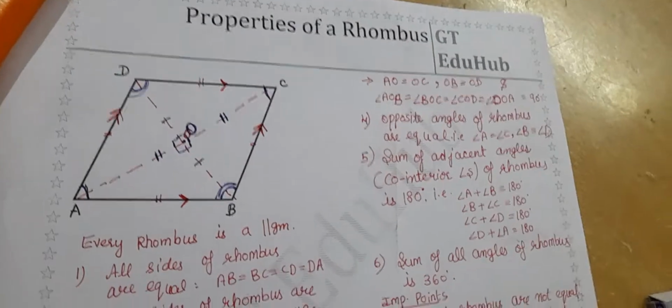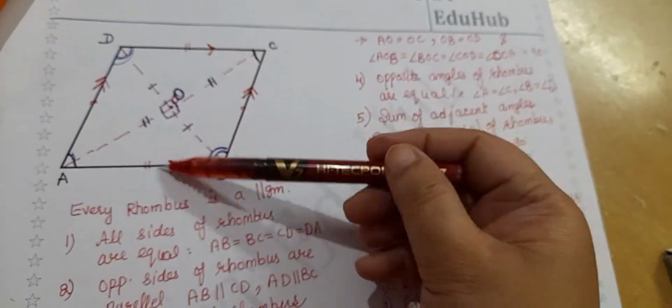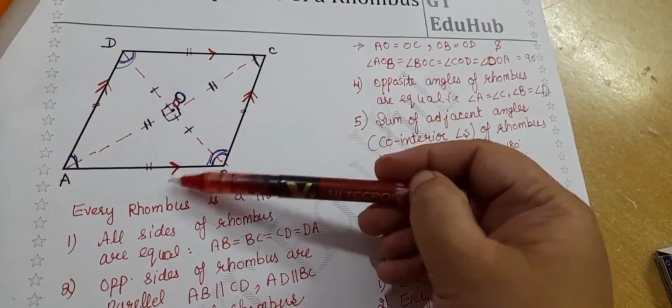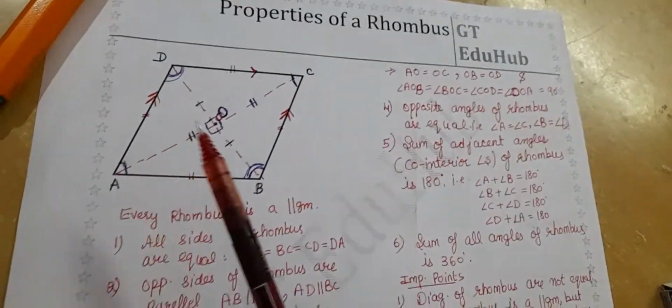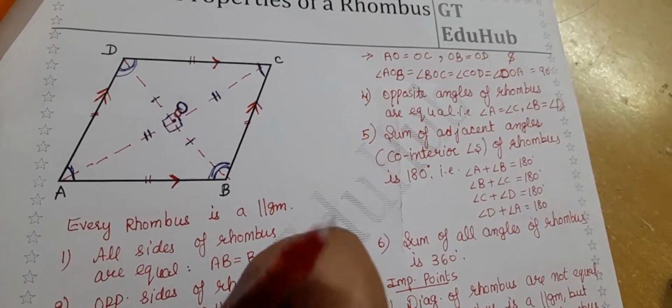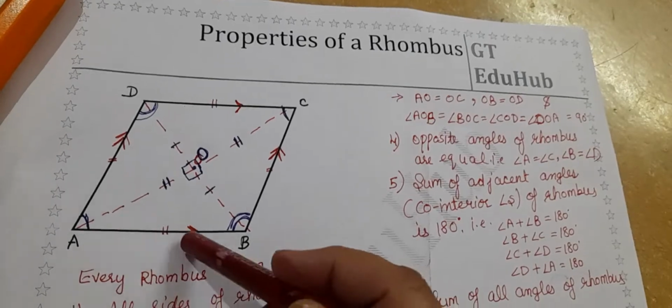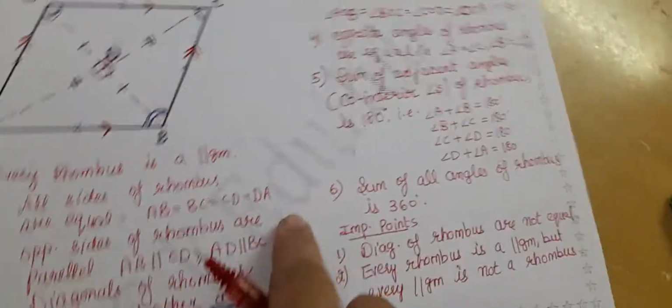Students, in parallelogram, opposite pair of sides are equal and parallel. In rhombus also, opposite sides are parallel and equal. So every rhombus is a parallelogram, but every parallelogram is not a rhombus because in rhombus all 4 sides are equal, but in parallelogram only opposite pairs of sides are equal.